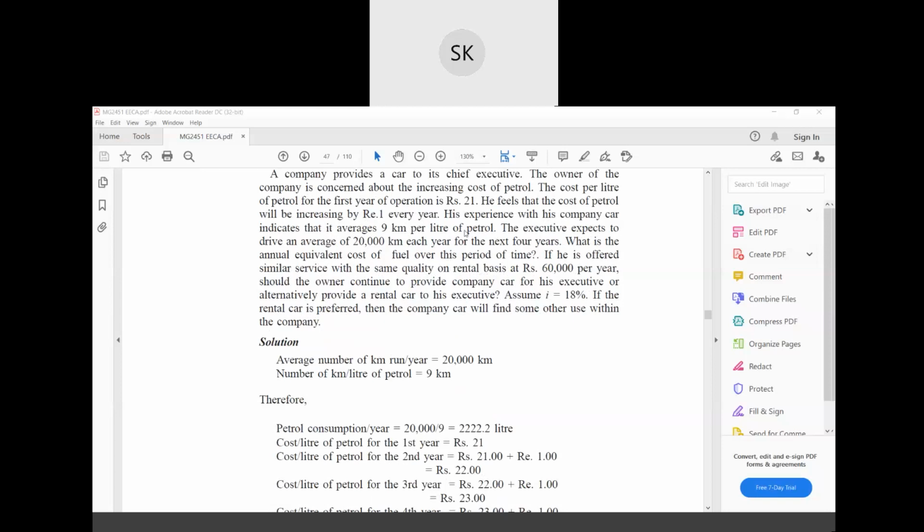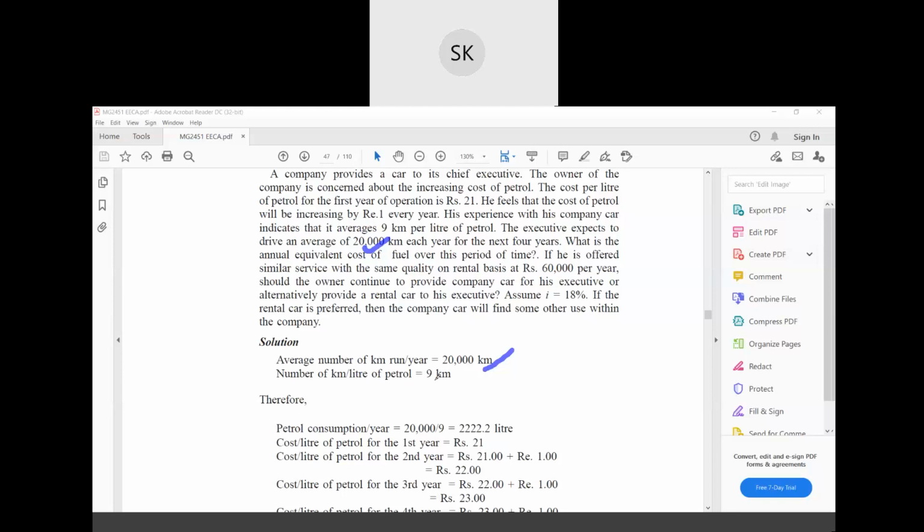Let's start with the solution part. Average number of kilometers run per year, they have considered 20,000 kilometers. It expects to drive this average each year for the next 4 years. So per year it will be 20,000, and for 4 years just multiply it, it will be 80,000.